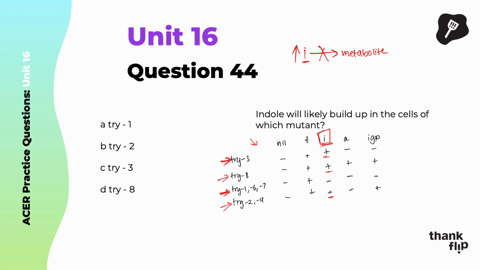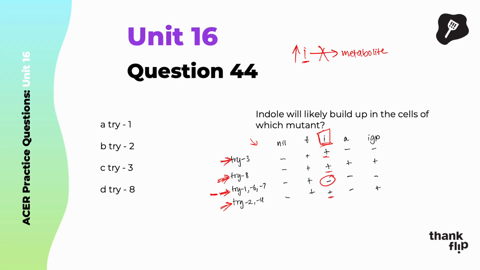Try 3, try 8, and try 2 and 4 can grow when you have indole supplemented. However, you have this group here that cannot grow even when indole is supplemented. That tells us that indole is likely unable to be broken down by these mutants, and therefore it would lead to a buildup.